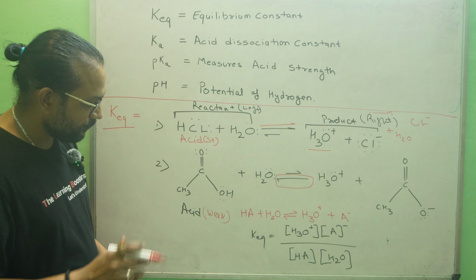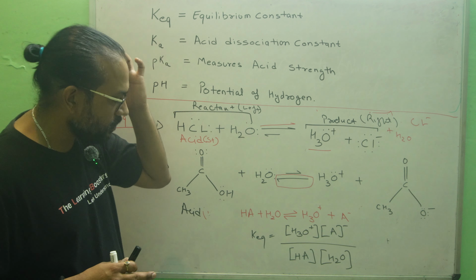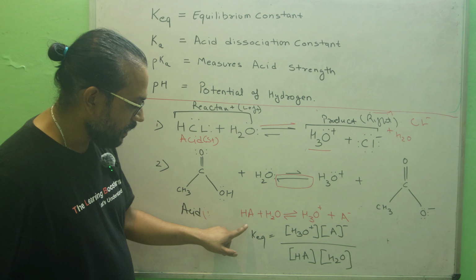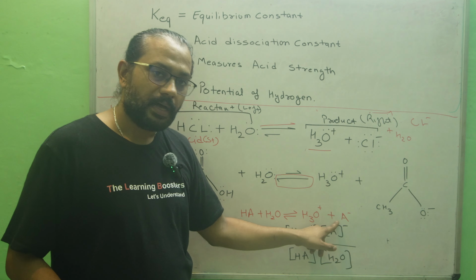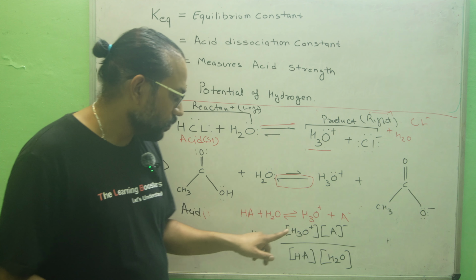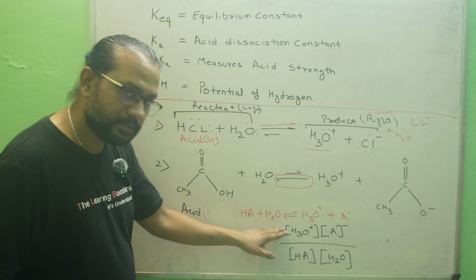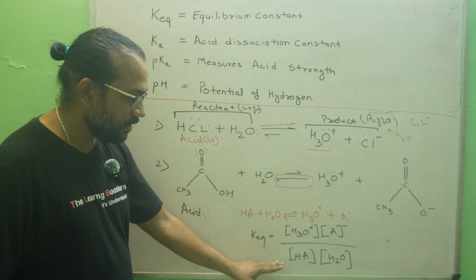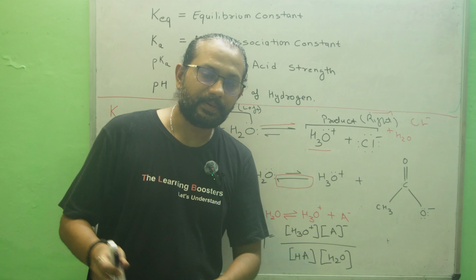Now, to define this equilibrium constant, taking the example we have seen, an acid dissolved in water leads to formation of a hydronium ion plus a negative ion. The equilibrium constant can be defined as the product formed upon the reactant, when these are in equilibrium condition.